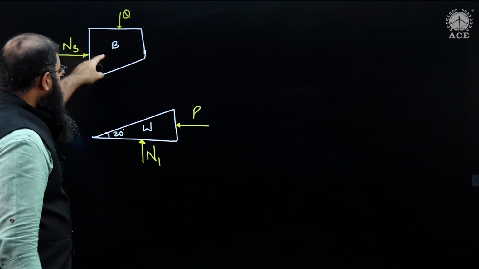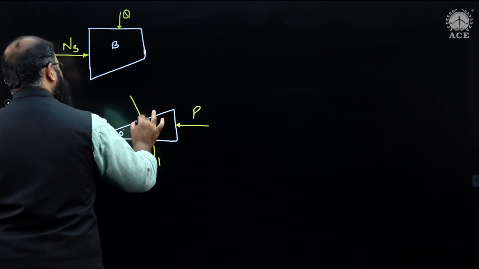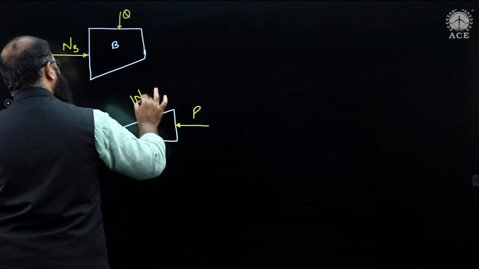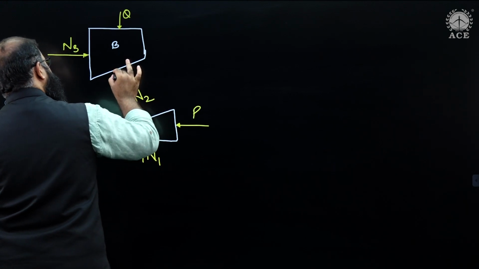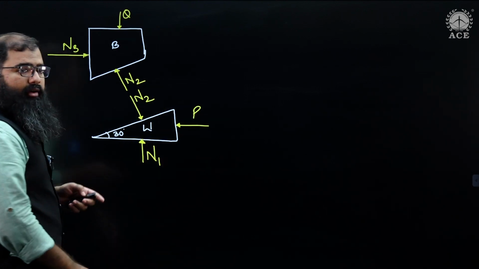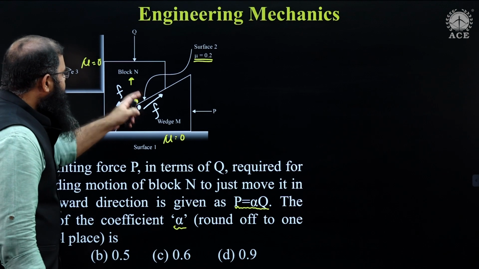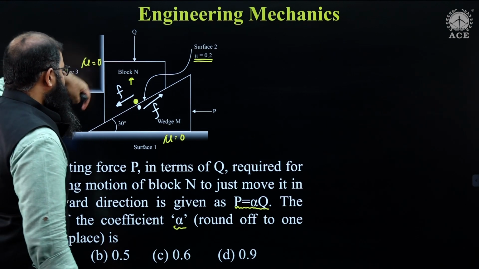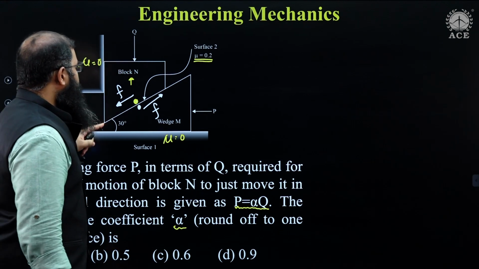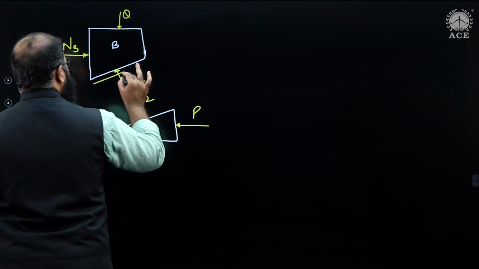Then there is an action reaction pair between these two, that is normal 2, let us say. I have over here normal 2, and an action reaction pair implies I should have over here a normal 2. Furthermore, I'm supposed to have friction. Now I have already indicated for the block the friction is down the incline, for the wedge the friction is up the incline. So let us say I have a friction over here.